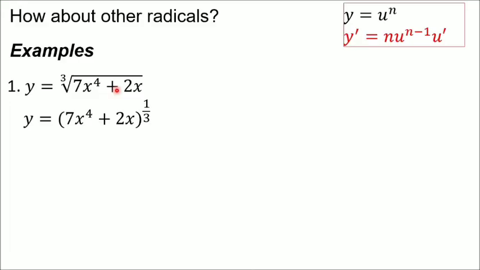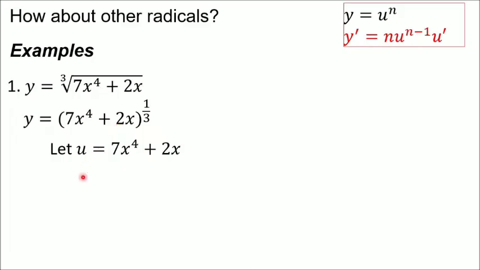Itong given natin magiging y equals the quantity of 7x to the 4 plus 2x raised to the power of 1/3. And then gagamitan natin ito ng chain rule. Remembering the chain rule, andito yun siya. We let u equals 7x to the 4 plus 2x, yung nasa loob ng parentheses.